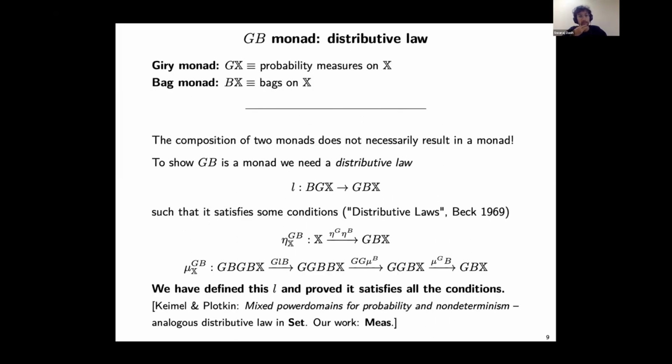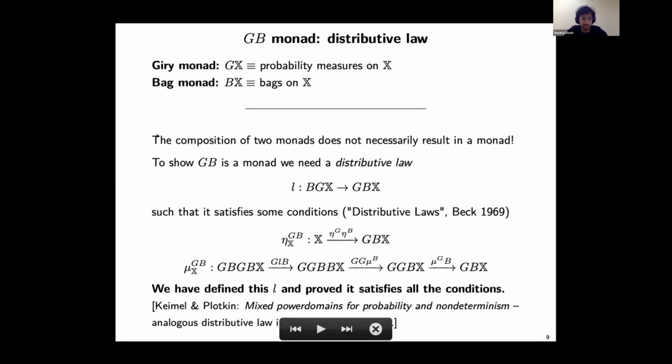Now, G and B are both monads, but it's well known that the composition of two monads doesn't necessarily give us a monad. To show that GB is a monad, we need to construct a distributive law which maps BGX to GBX, and we need to show that it satisfies a bunch of extra conditions.